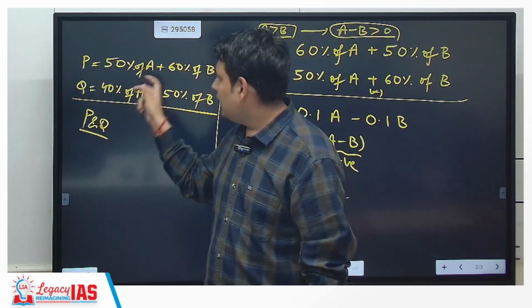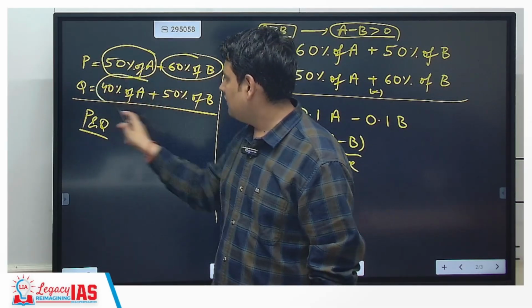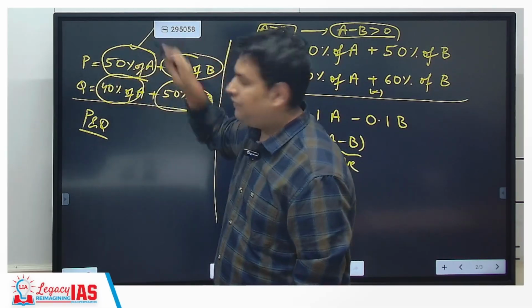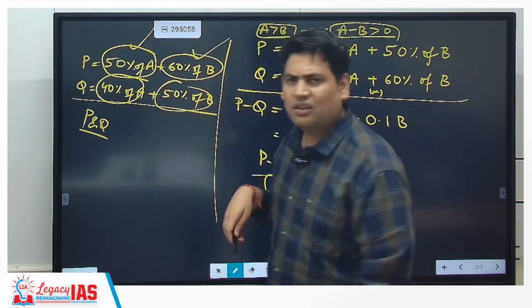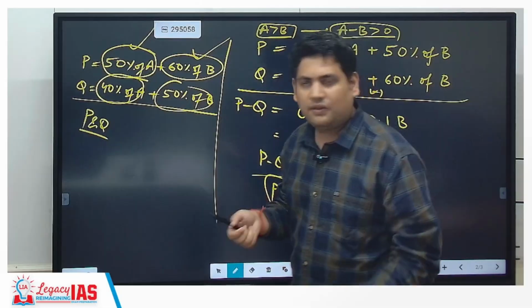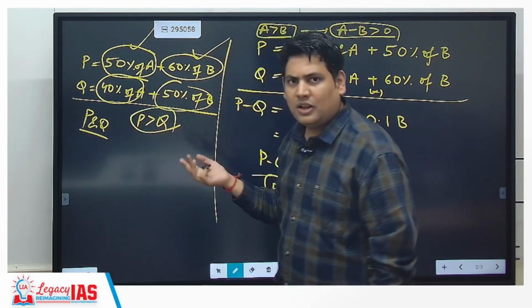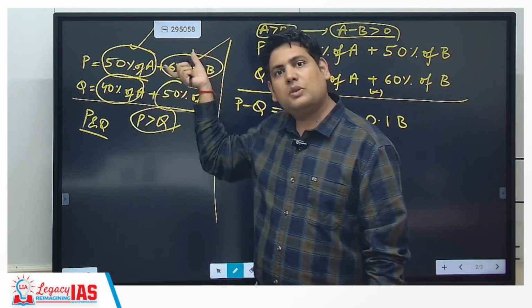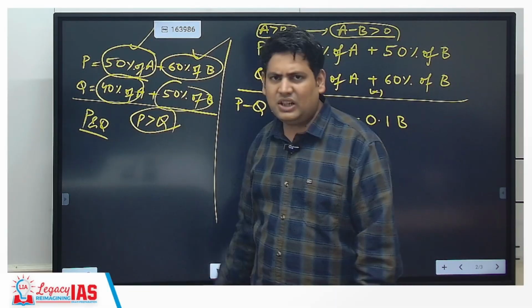Because P is made up of 50% of A and 60% of B, and this is 40% and 50%. You compare these two. So P has more of A, P also has more of B, then their sum also will be more for P. So P is greater than Q. In these questions you need not do anything, because P consists of more part of A and more part of B, then sum total also P will be greater.